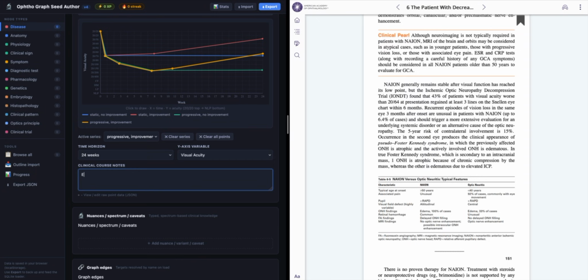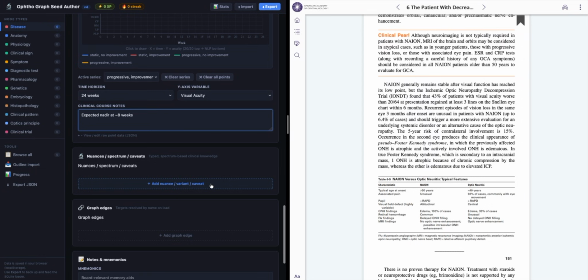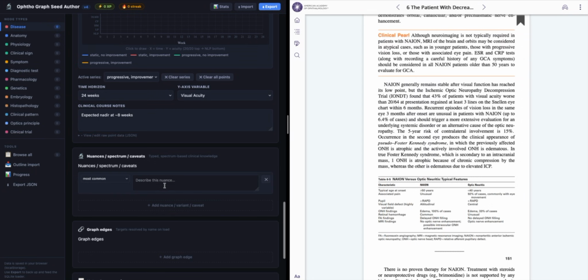Okay, so expected nadir or worst low point at about 8 weeks, right? And then here are a few nuances, right?